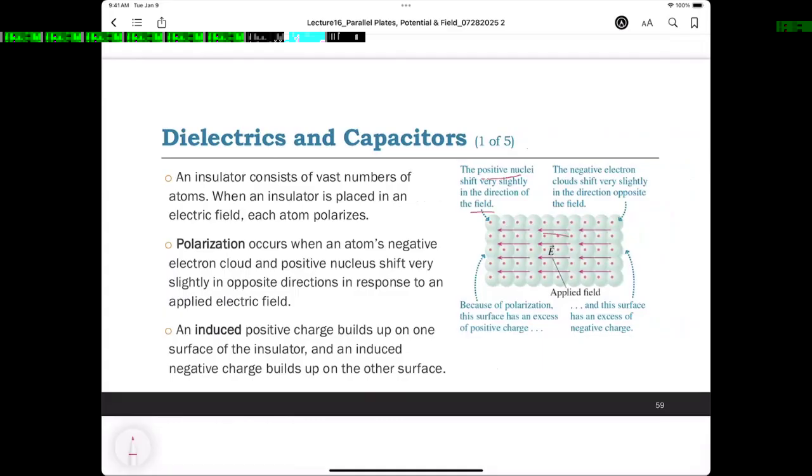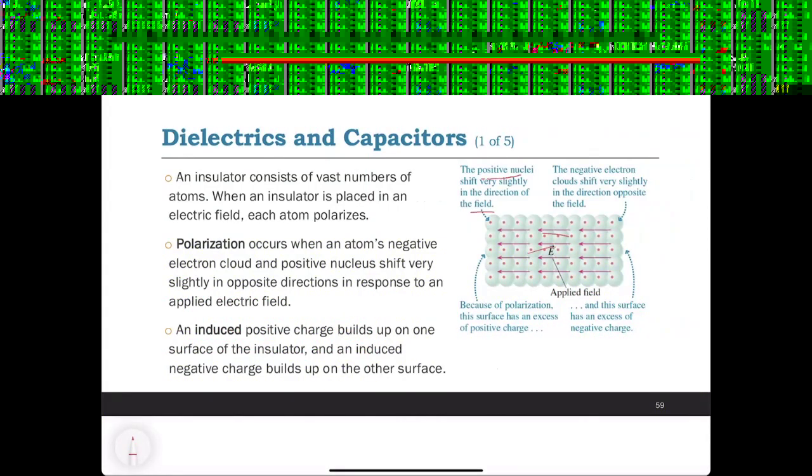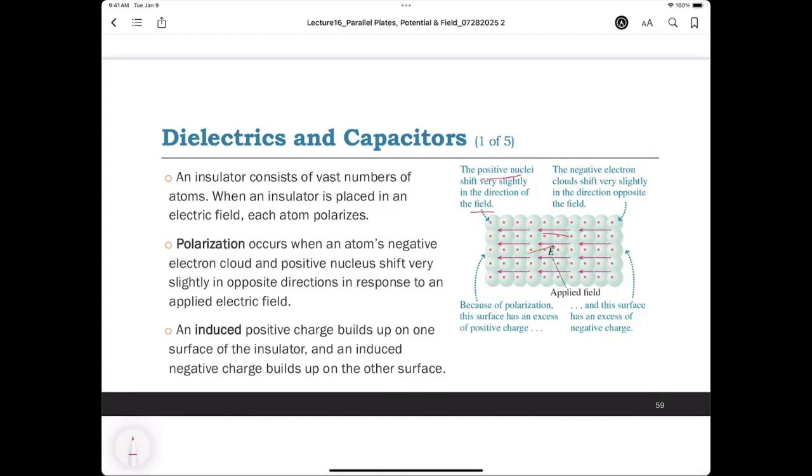And this is the direction of the field, and the positive nucleons shift very slightly in the direction of the field, and the negative electron clouds shift very slightly in the direction opposite the field. So this will be the electron, and this will be a positive nucleon, like a proton.